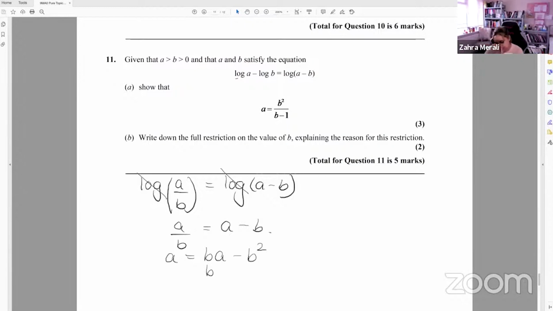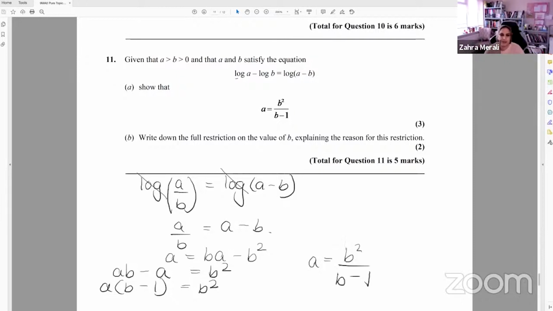Oh my God, wrong somewhere. Sorry, I'm making A the subject of the formula, not B. Ignore me. Put all the A's on one side, so we end up with AB minus A equals B squared. Take A outside the bracket, we get A times B minus 1 equals B squared. And we can divide through, so you'll end up with A equals B squared over B minus 1.